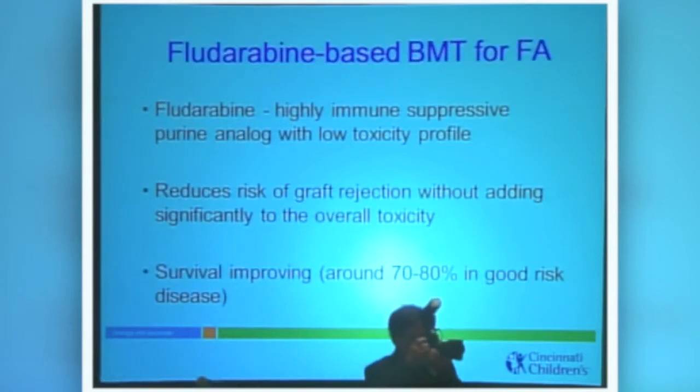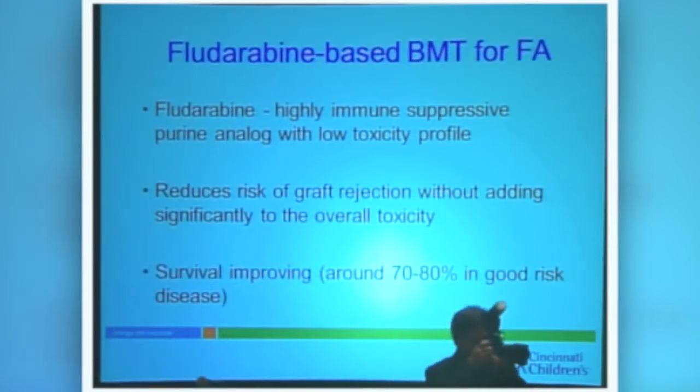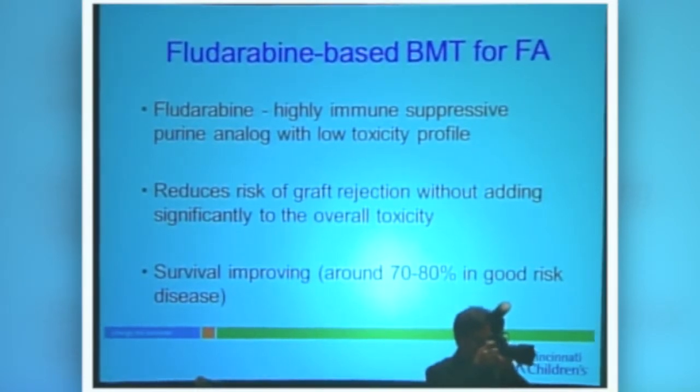And then came fludarabine, a highly immunosuppressive agent that helped reduce the risk of graft rejection without adding any major toxicity, which was great. Over time, different groups tried different combinations with Cytoxan, ATG, and low dose TBI, and we saw improved transplant outcomes, around 70 to 80% in good risk patients.